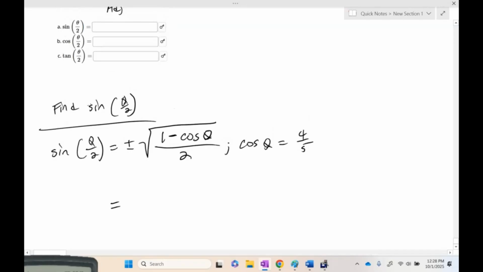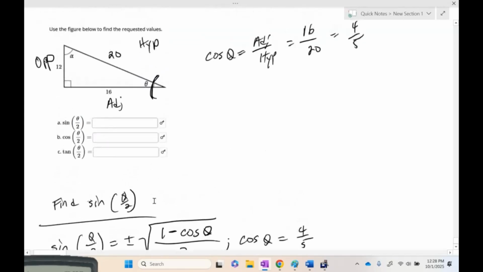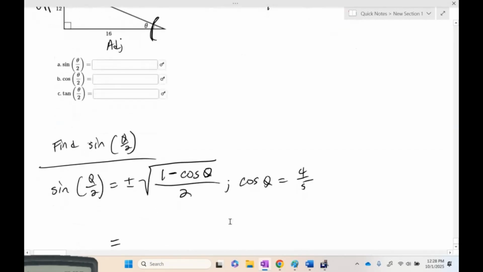So now what about the sine? Is it positive or is it negative? Well, since this triangle is not in a coordinate system, this thing is going to have a positive value. The only time a positive or negative really matters is if you're in an X and Y coordinate system.